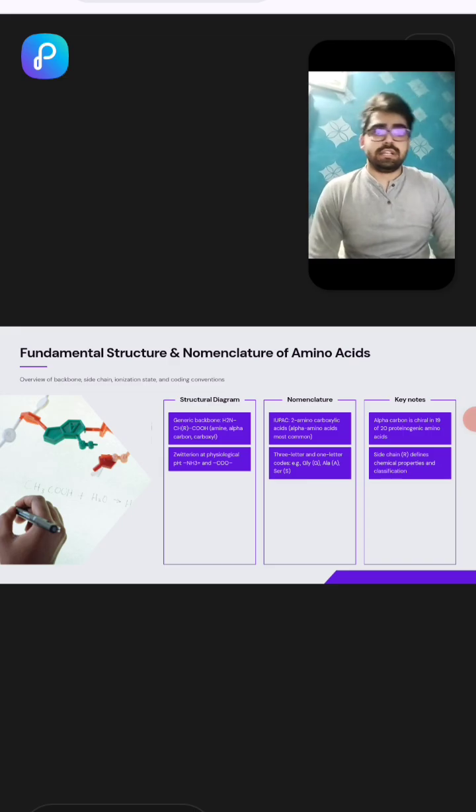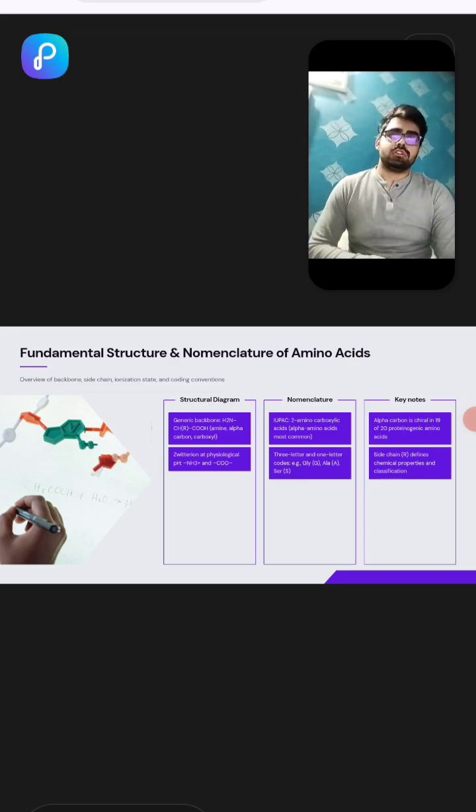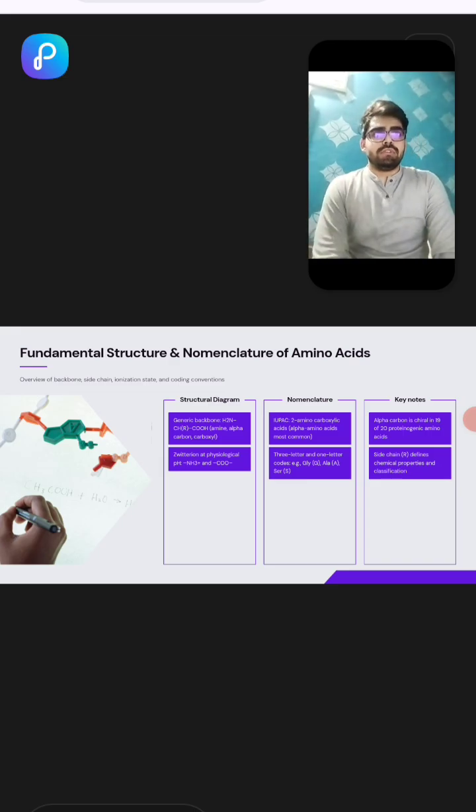Like glycine, it has a different number of CH in the side chain than alanine, so they behave differently. When we look at the structural diagram, we have a simple formula: NH2CHRCOOH.